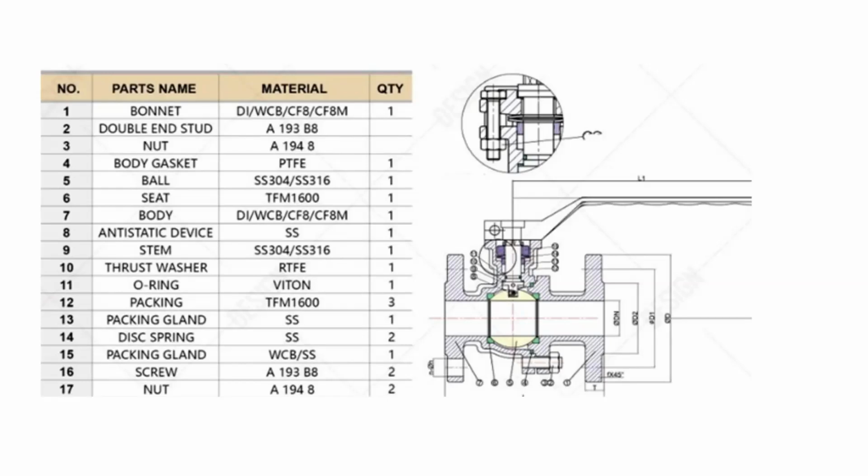Material list table. Part name, material. Bonnet: WCB, CF8, CF8M. Double end stud: A193 B8. Nut: A194 B8. Body gasket: PTFE. Ball: SS304. Stem: SS316. Seat: CTFM 6600. Body: WCB, CF8, CF8M.